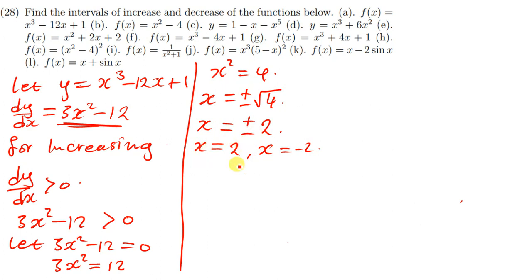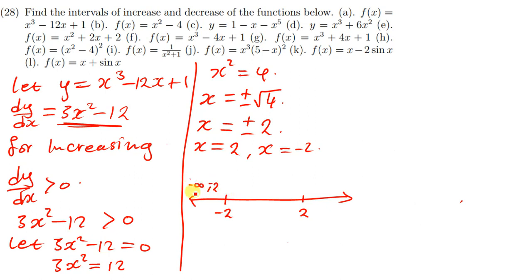So we're going to test these critical points to see the interval in which this function is increasing. How do we test such intervals? I'm going to draw a number line here and put my critical points on it: negative 2 and 2. The first interval is from negative infinity up to negative 2.